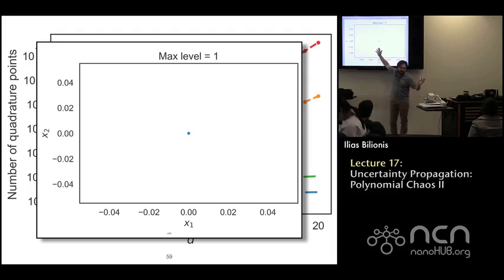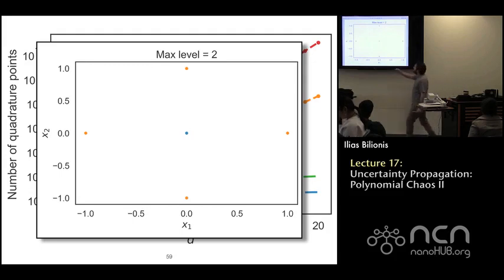You can't get any fewer than that. Now for level 2, you go to 3 points: 1, 2, 3. And then you use this as the basic unit to build the sparse grid.